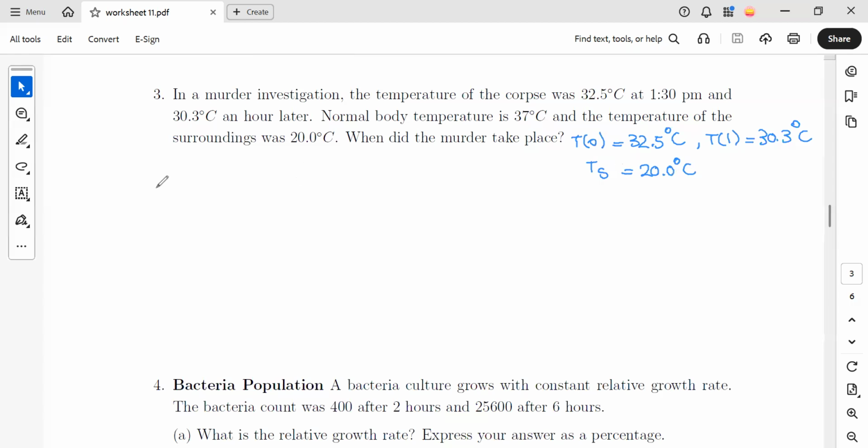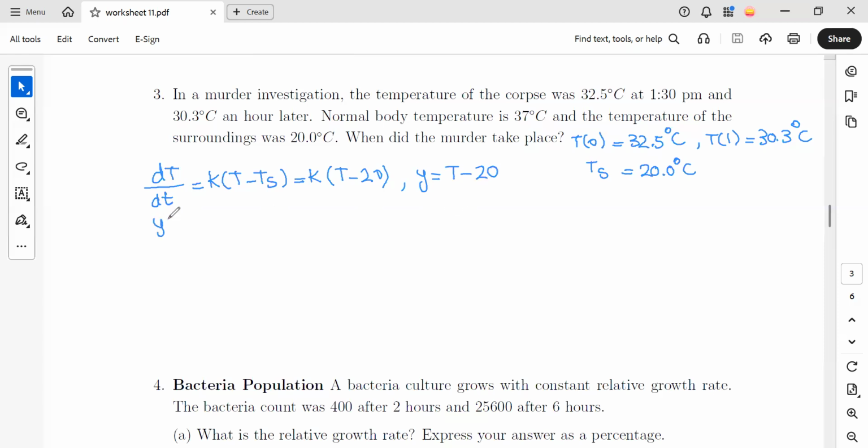Based on the formula, dT over dt is k times T minus T surrounding. So in here it will be k times T minus 20 as the formula. And we talked about that y is the inside of the parentheses, which is T minus 20 here.